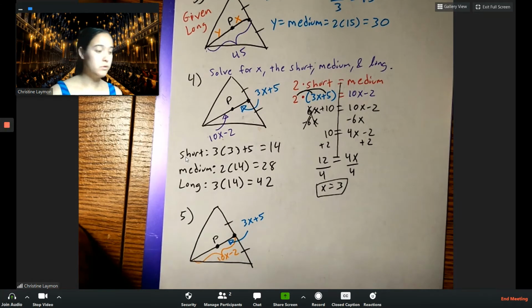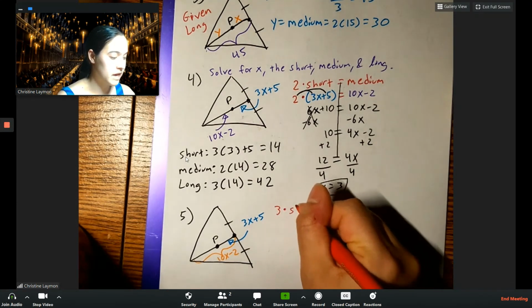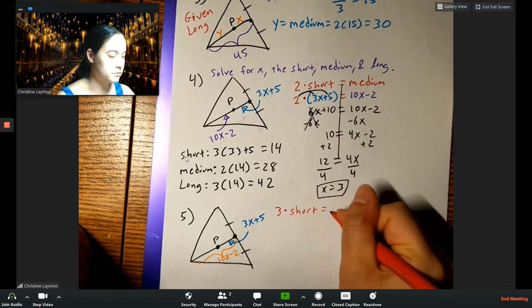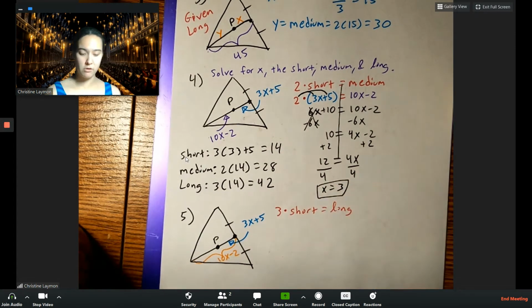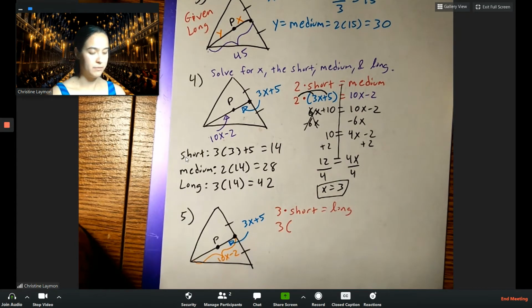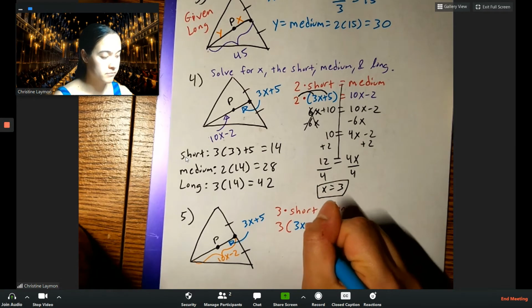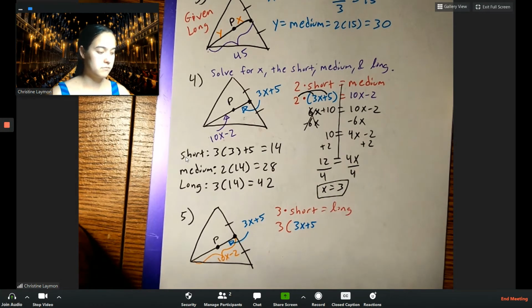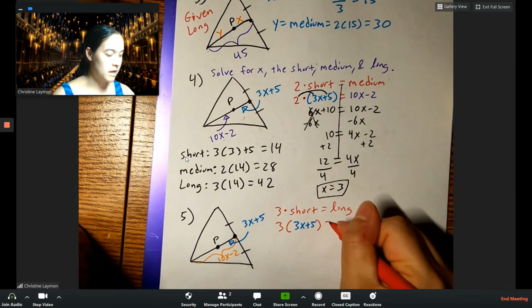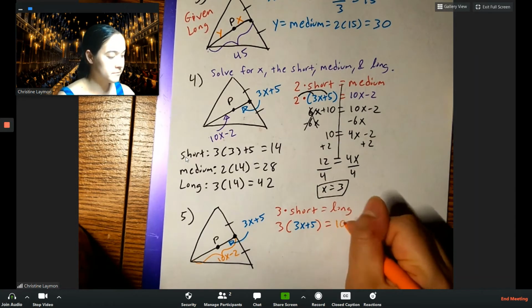So the rule I will be using is 3 times the short equals the long. So I'm going to come through here. I have 3 times my short, which is still 3x plus 5, and it equals the long, which in our case is 10x minus 2.